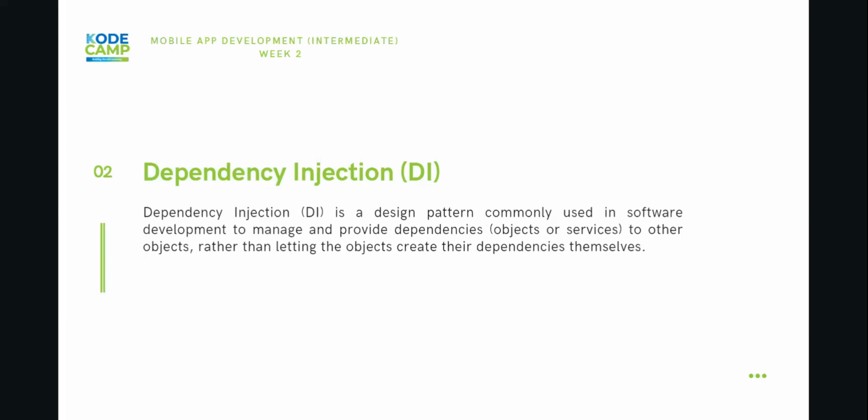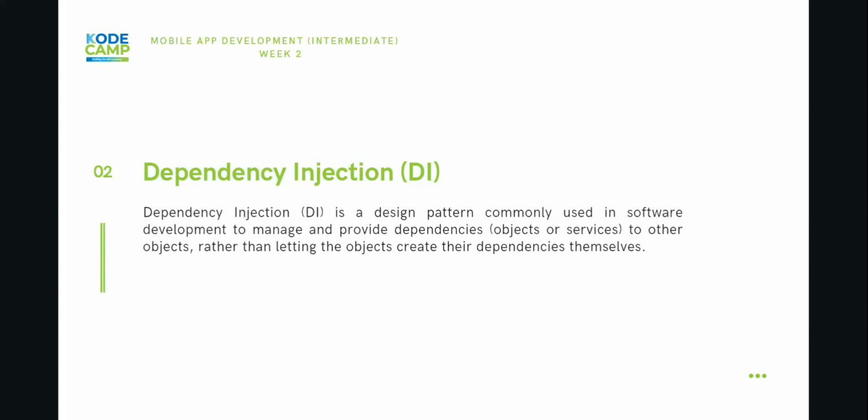So what we do is we create a dependency in an abstract class somewhere else, right? And then objects can just get that dependency and make use of it rather than creating it themselves. And of course, these dependencies could be objects themselves, it could be services, right? So that's basically dependency injection.